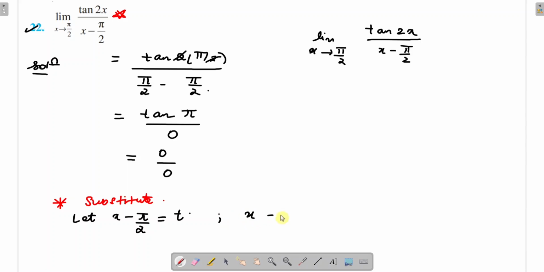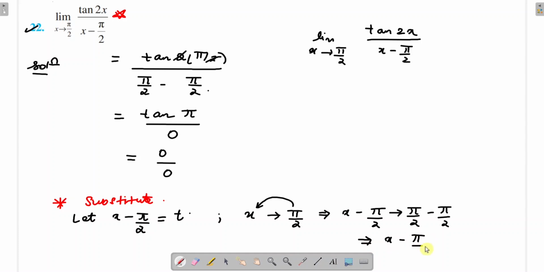So since x tends to pi by 2, this implies what, x minus pi by 2 tends to pi by 2 minus pi by 2, right? Or just bring pi by 2 on this side, but what I'll do is subtract both sides by pi by 2. So x minus pi by 2 tends to 0, right? And that means x minus pi by 2 is what, t. So t will tend to 0.